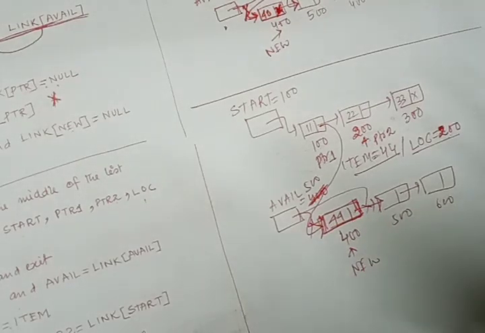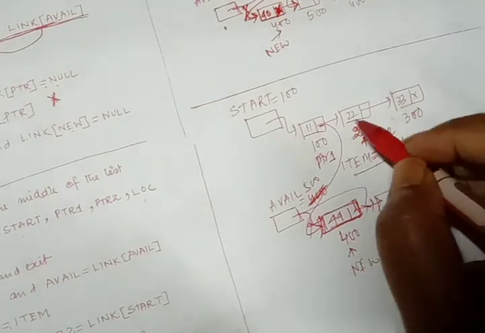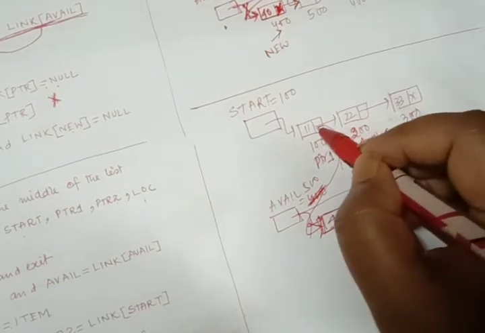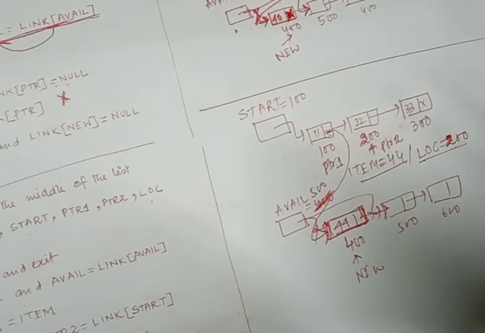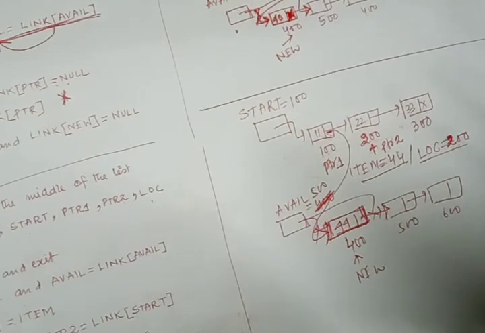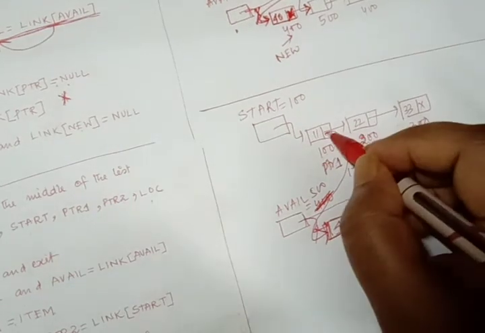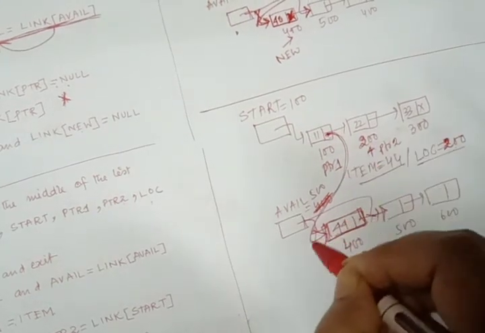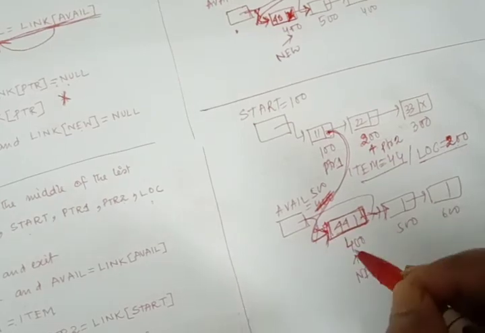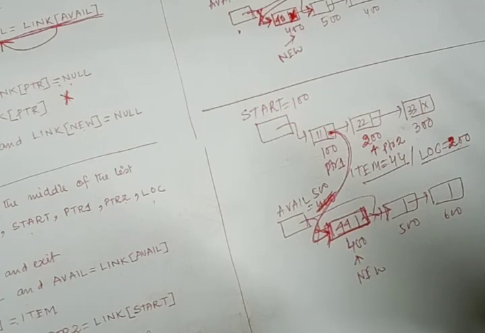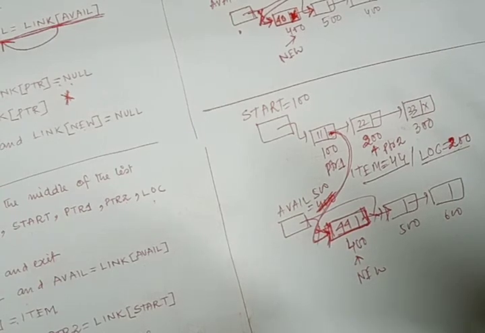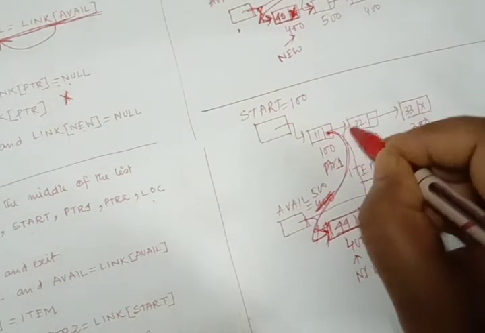Now you see one thing, link of ptr1 will connect with the new node, and the link of new will connect with ptr2.